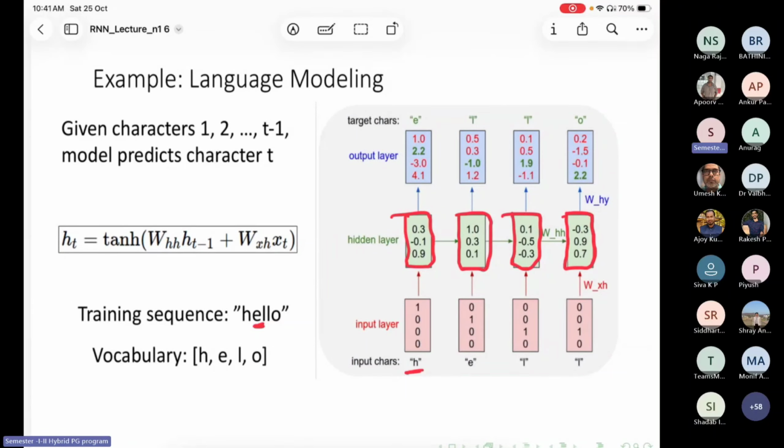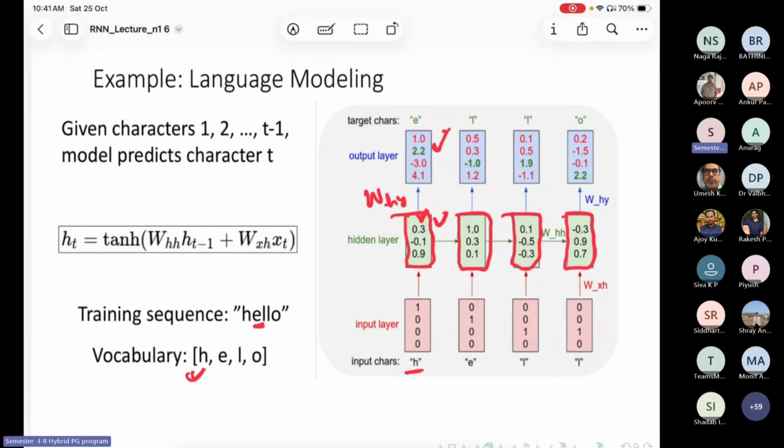Again you will have Why here, which will be multiplied with the state, and then it should give the next character. So this problem can be seen as a classification problem, because every character has a one hot encoding vector, so it can be seen as a character classification problem.